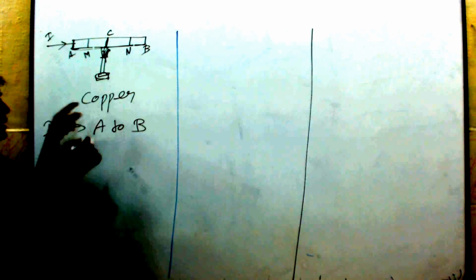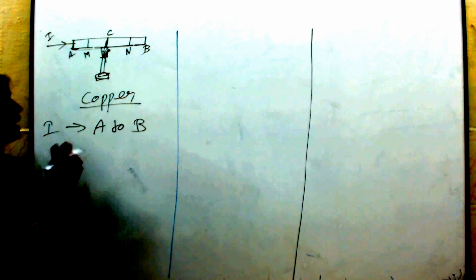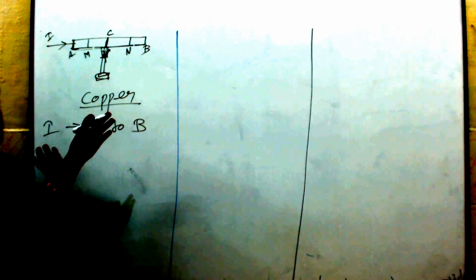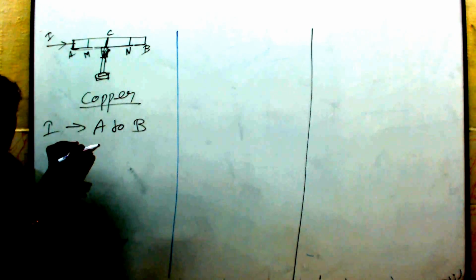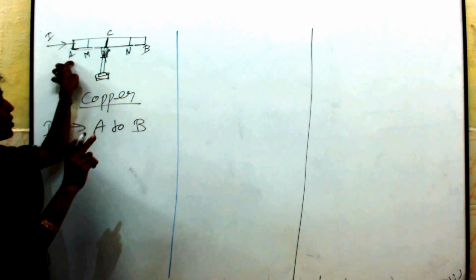Now this copper rod is heated unequally. Clear? So the heat produced in this conductor is not equal. That is, the temperature of the conductor, that is the copper rod, will not be the same at all the points.